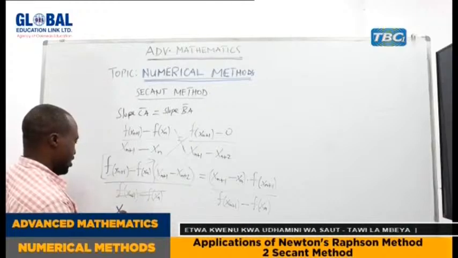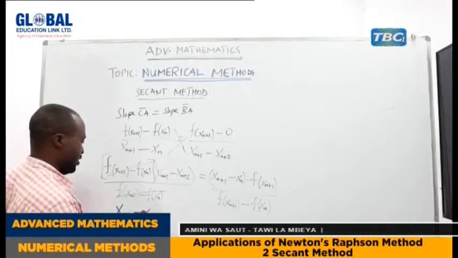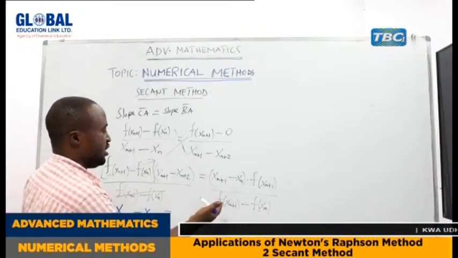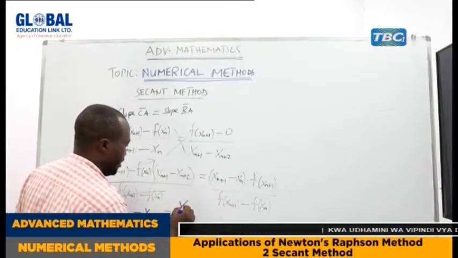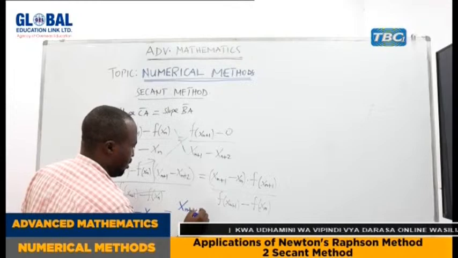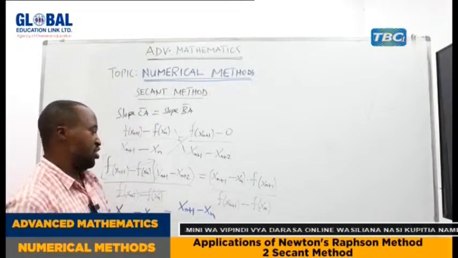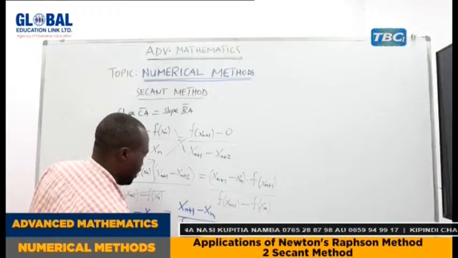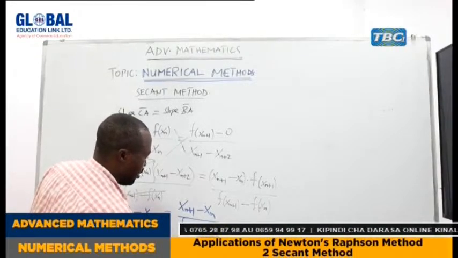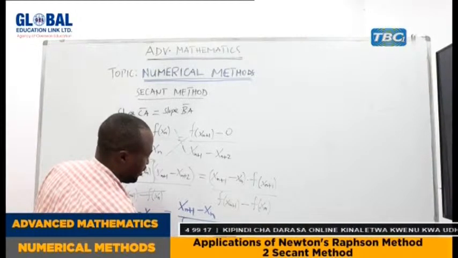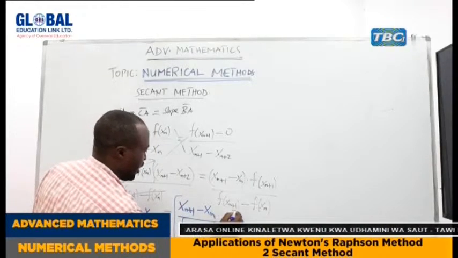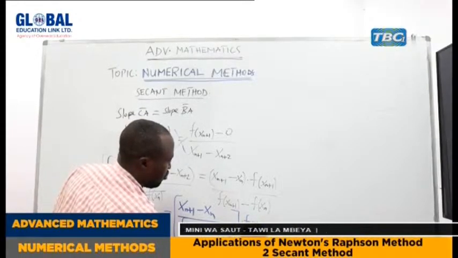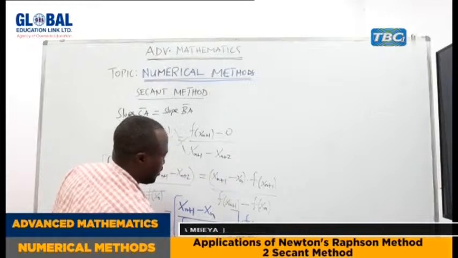So we are going to remain with xn plus 1 minus xn plus 2, which is equal to, now in our right hand side we have xn plus 1 minus xn, divided by f of xn plus 1 minus f of xn, now the whole thing times f of xn plus 1.